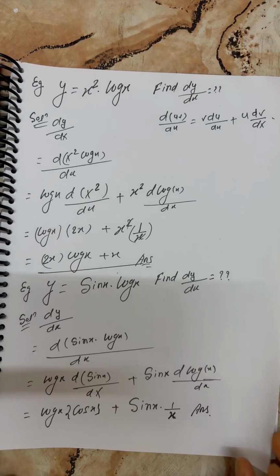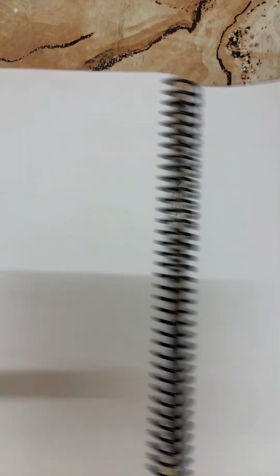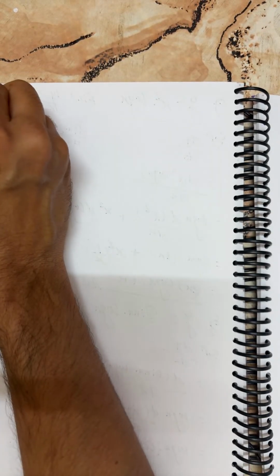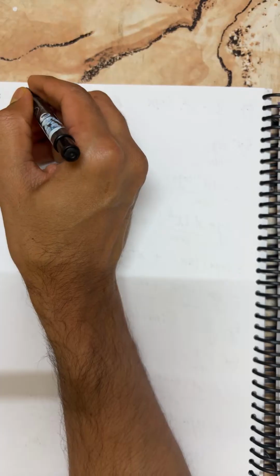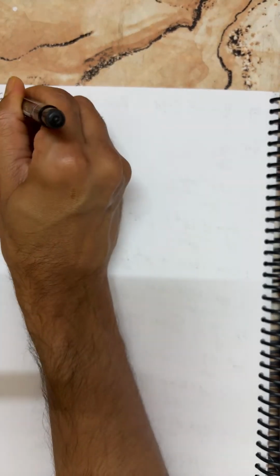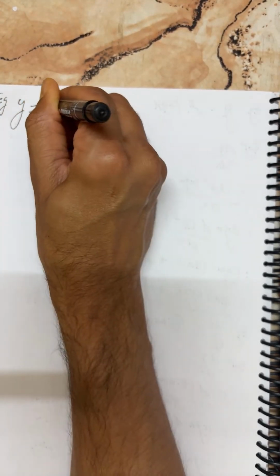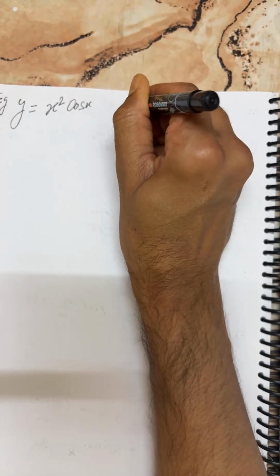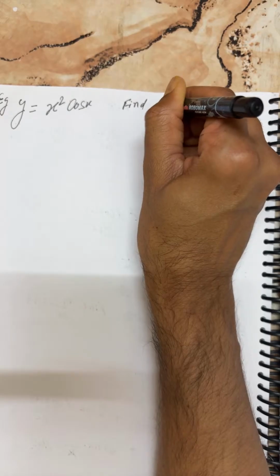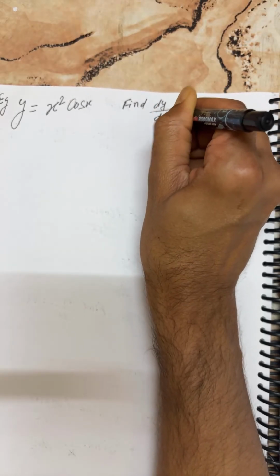Right. Okay. Next, beta. Students, x square cos x, find dy by dx.